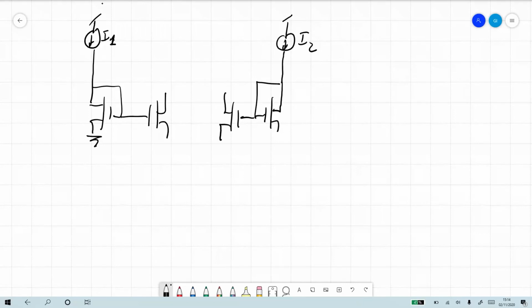And instead of just having a current mirror like you would if you connected this to ground, I actually connect all of these to a common node, which is then connected to a bias transistor. So this is constant. And now we can analyze what's going on.